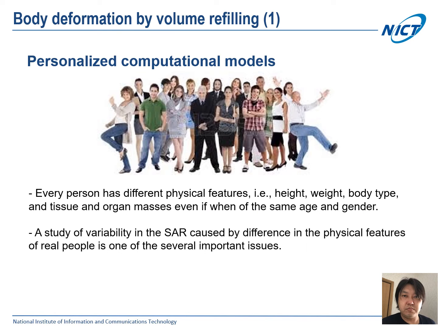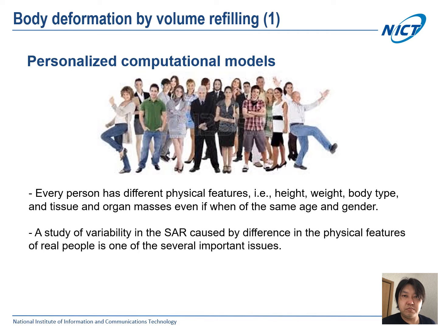Let's move on to another topic. Physical features such as height, weight, body type, and body fat percentage vary between individuals, even when individuals are of the same age. Moreover, these features vary with age, race, and gender.